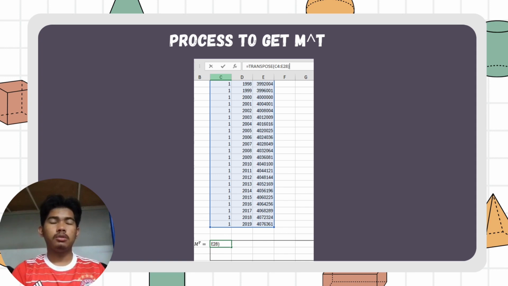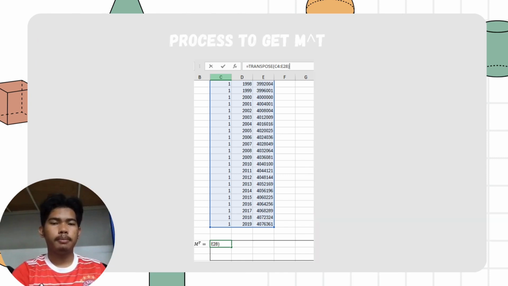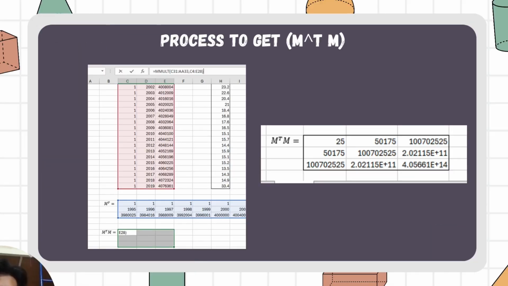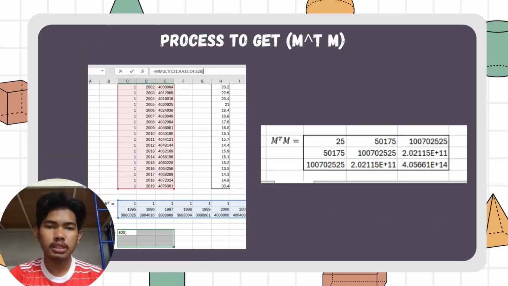First, we should write the matrix M and the value of Y in Excel, and then we find the matrix M transpose, where we write the formula equal to transpose, and in the bracket we highlight all of matrix M. Then we multiply matrix transpose by matrix M, and we get a 3 by 3 matrix.